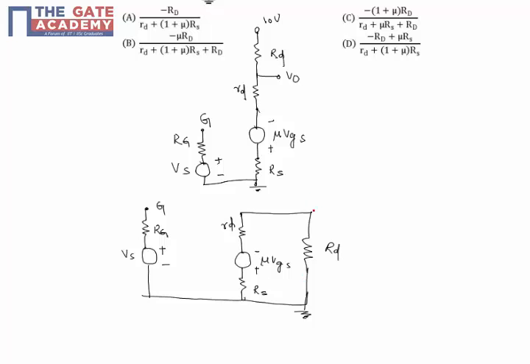So this is a ground point. What is the output voltage? Output voltage is this point.